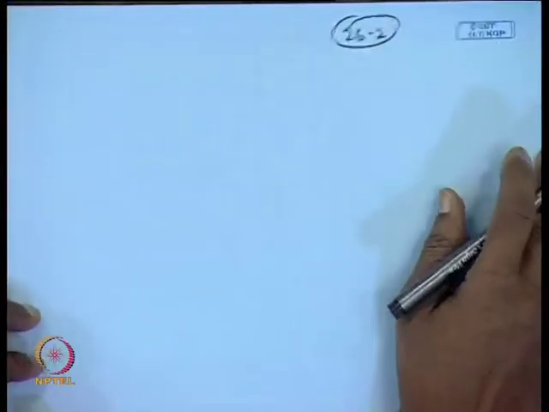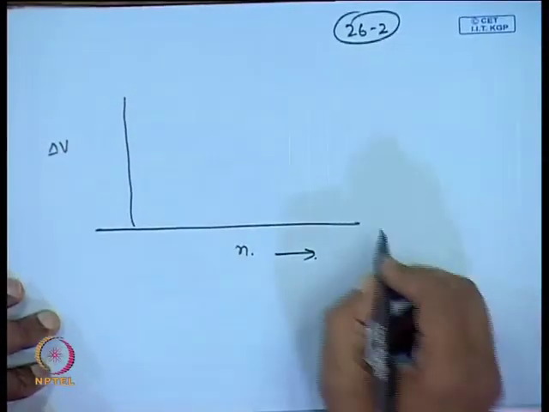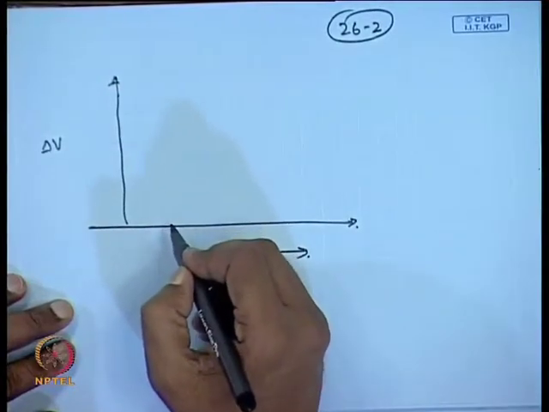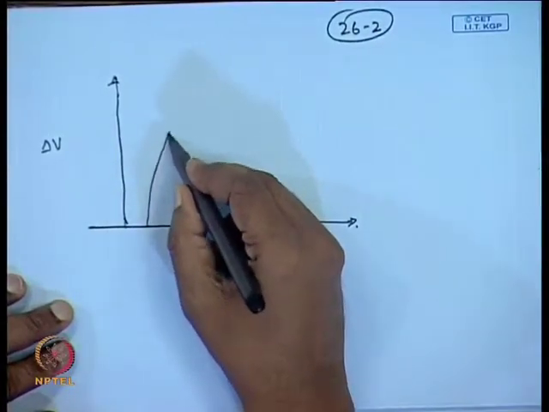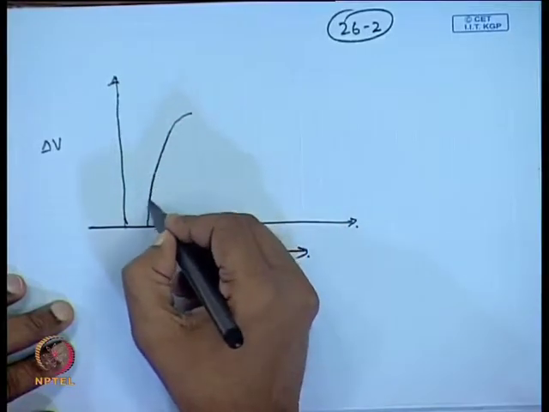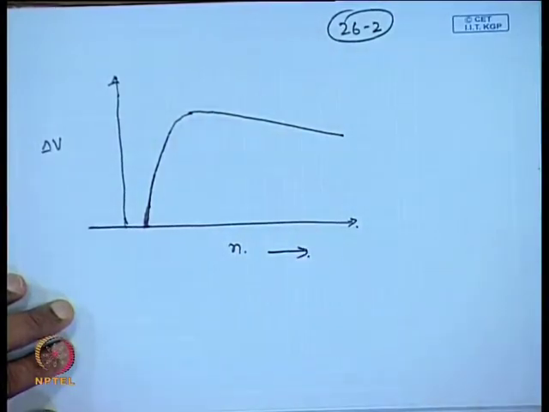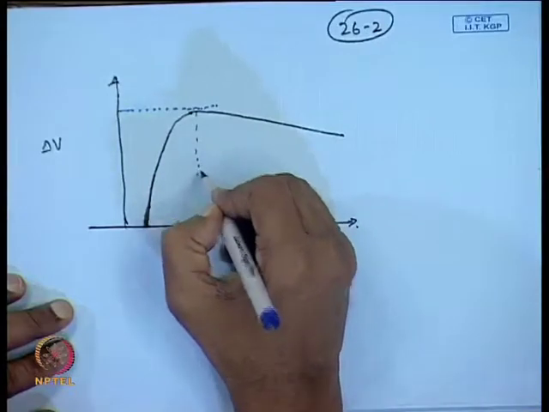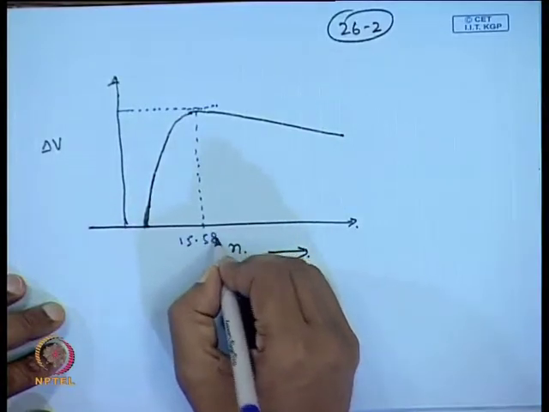If we plot delta v on this axis and n on this axis, then for the Hohmann transfer, that is using equation 1, we will get a curve which will look like this, and this maximum value we also found theoretically, and this value was around 15.58.